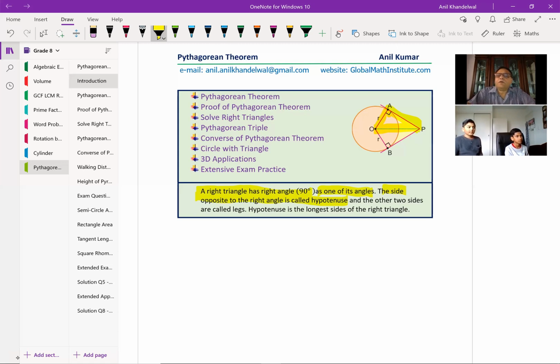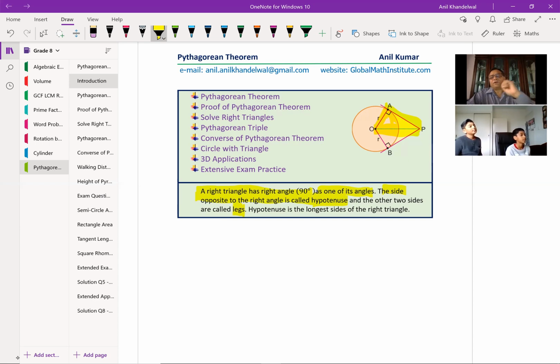We have 90 degrees at A. So if you have one angle as 90 degrees, then it is a right angle triangle. Side opposite to A is OP, and that is called hypotenuse. Hypotenuse will be the longest side in any right angle triangle. The other two sides are smaller than hypotenuse, and we call them legs. Legs of a triangle. Okay?